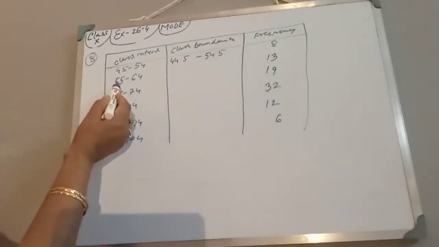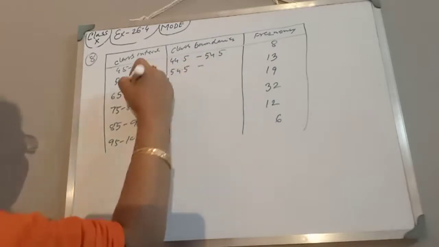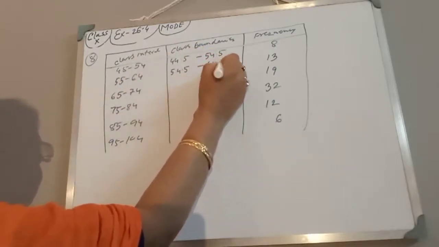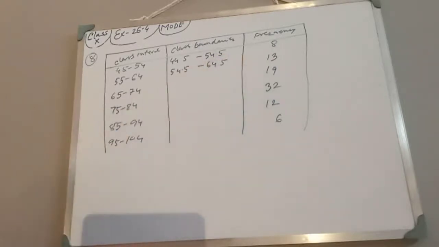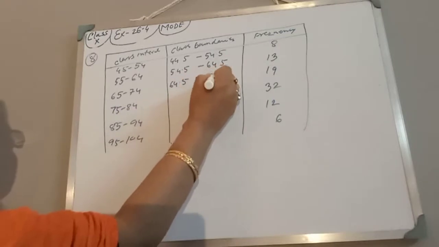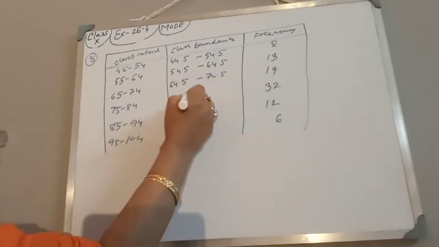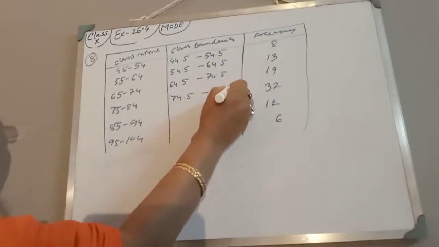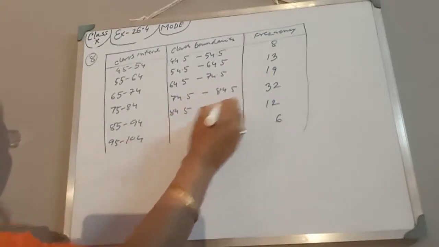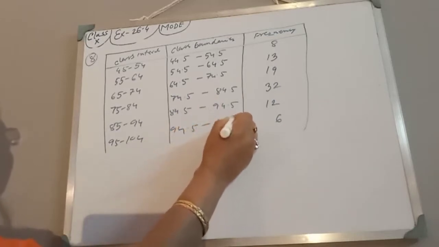Similarly, 0.5 less to 55 gives 54.5, and 0.5 more to 64 is 64.5. Next is 64.5 to 74.5, and 74.5 to 84.5. Next 84.5 to 94.5, and 94.5 to 104.5.